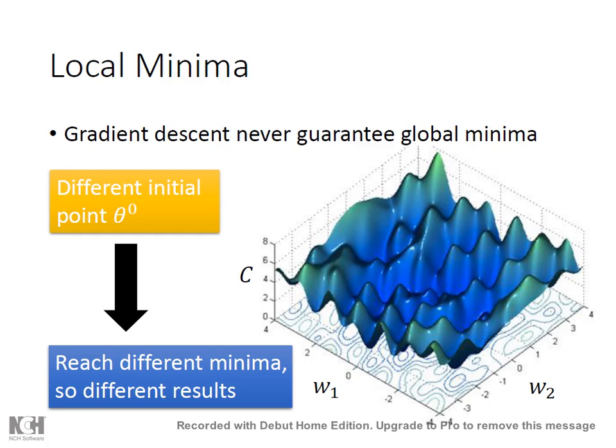So the best way is to run it several times, and then you find the minimum error and keep it as your final model. Neural networks have a similar problem. I would recommend you run it several times to find the best model.